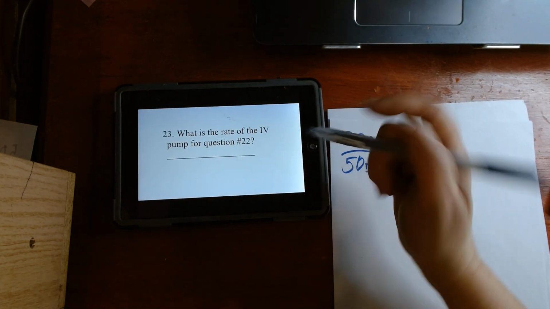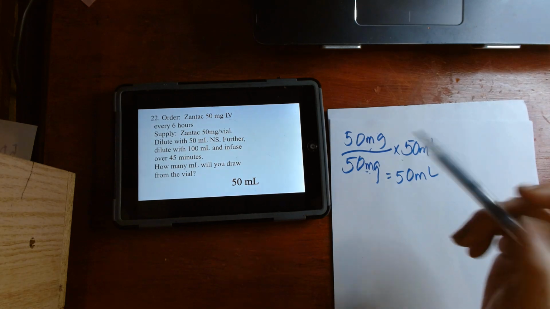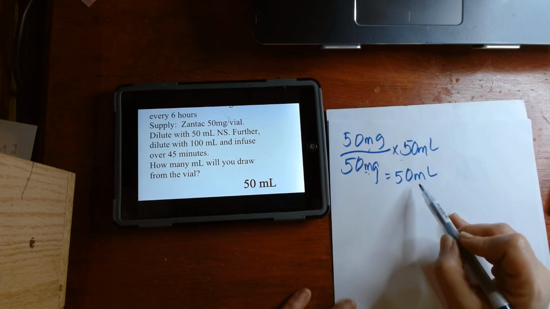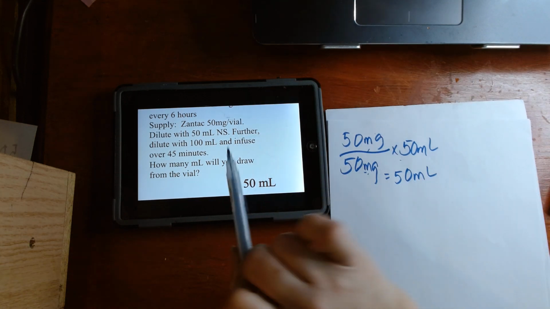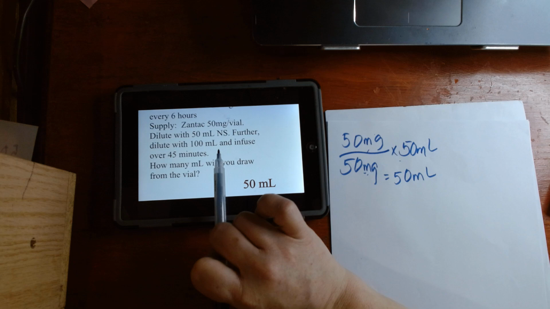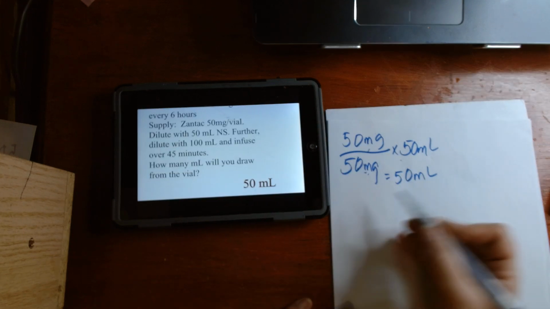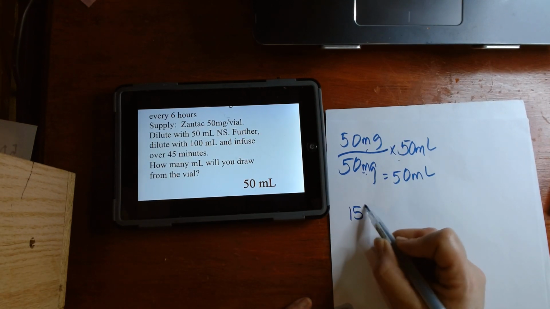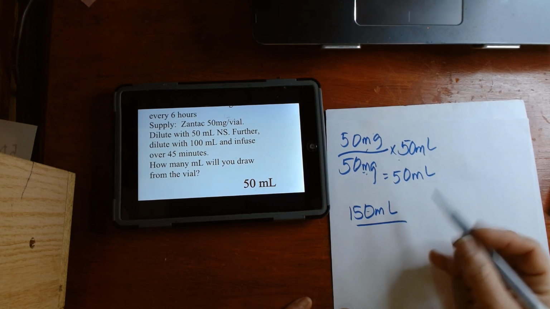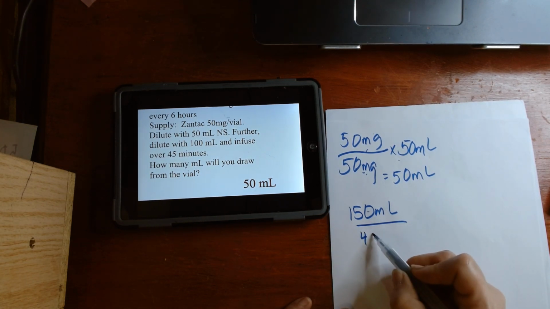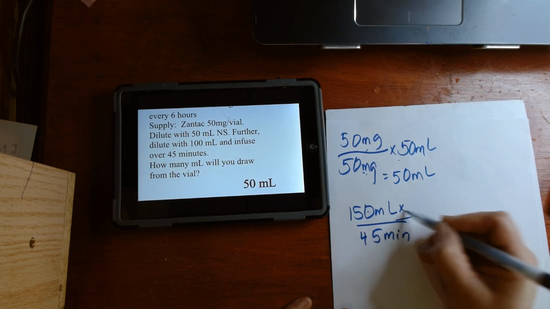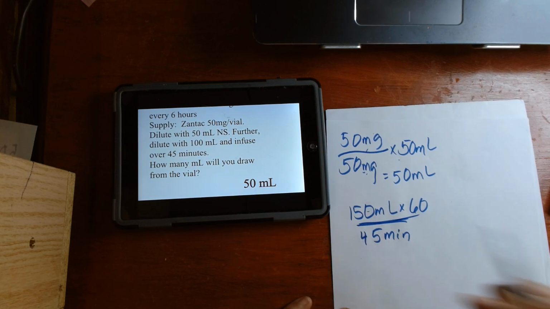Okay. And then, of course, Ethel wants to know what you're setting the pump at. So we're going to take this 50 milliliters and put it in 100 milliliters of normal saline, so our total volume is going to be 150 milliliters. That's what jacks people up because they forget to add it. And if that had been a patient, they'd have died. You don't want to be that nurse.